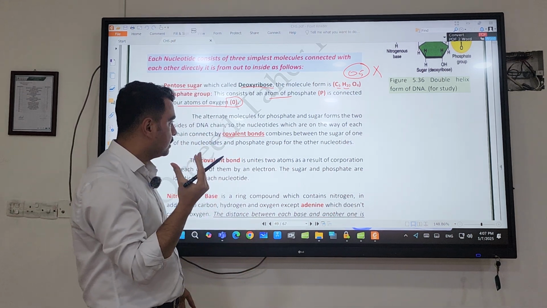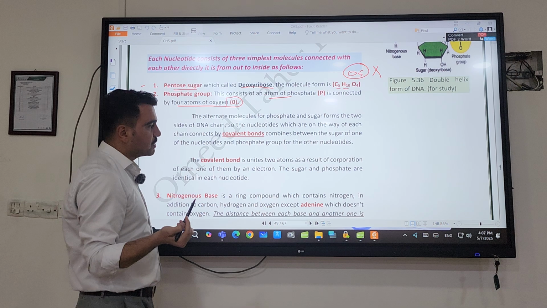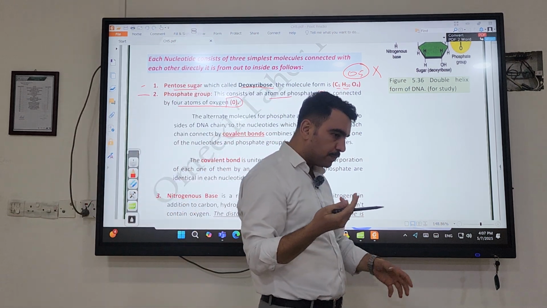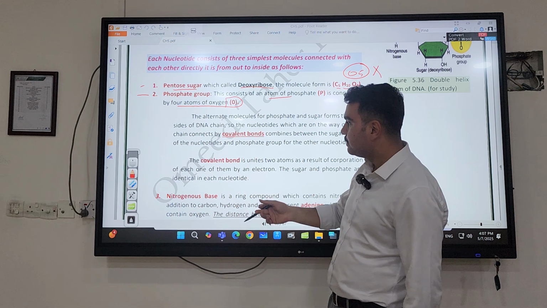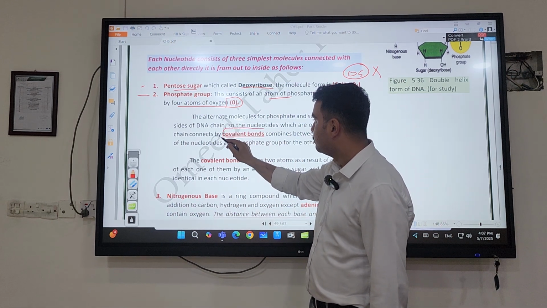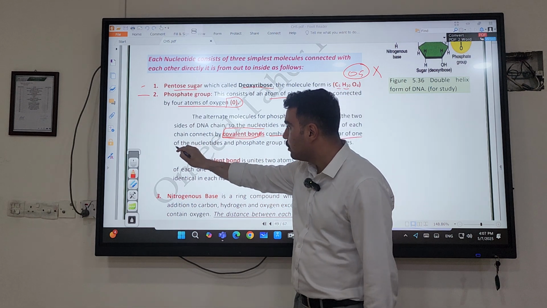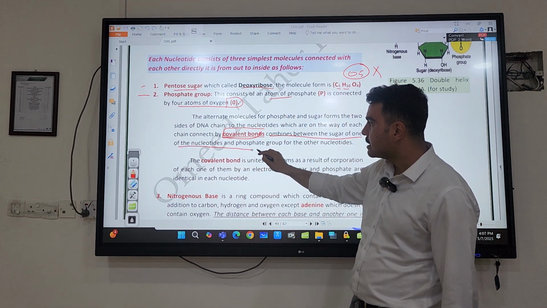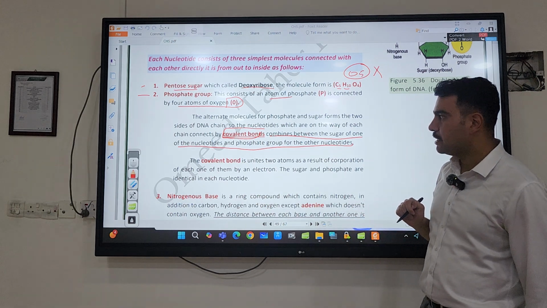Each phosphate group is connected with a sugar group by a covalent bond, which combines the sugar of one nucleotide and the phosphate group of another nucleotide. Please pay attention.